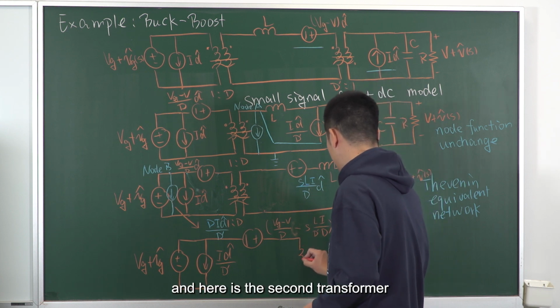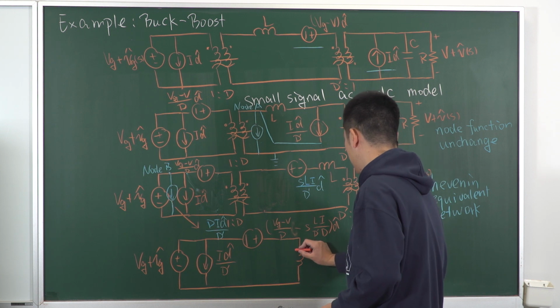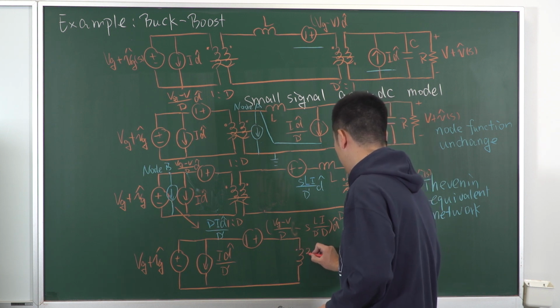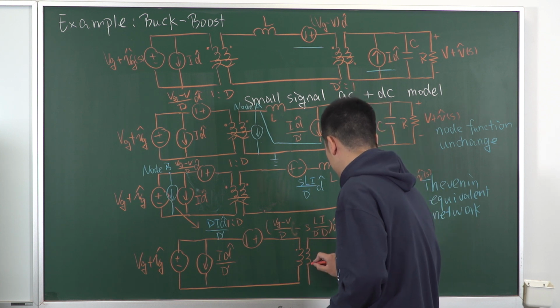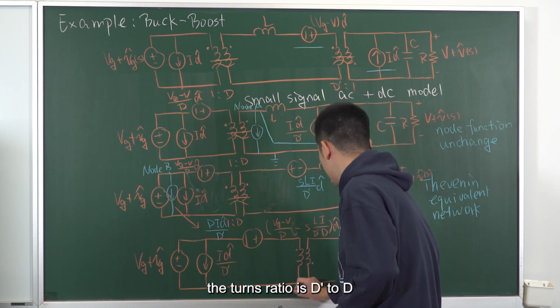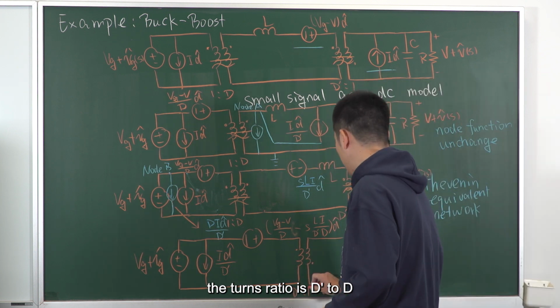And here is the second transformer. The turns ratio is d prime to 1. D prime to d, right?